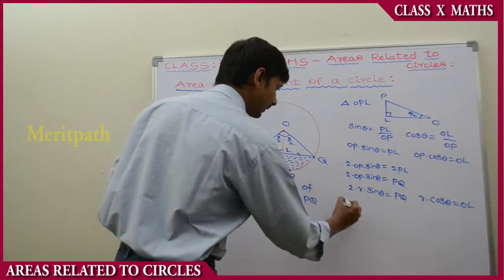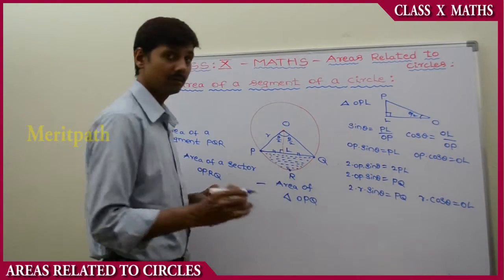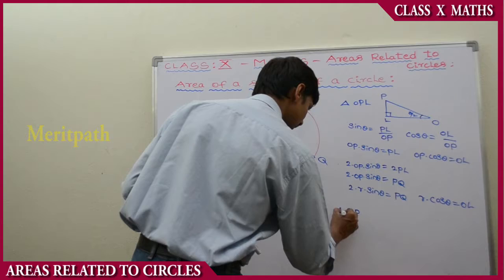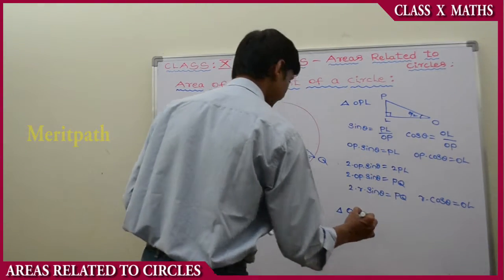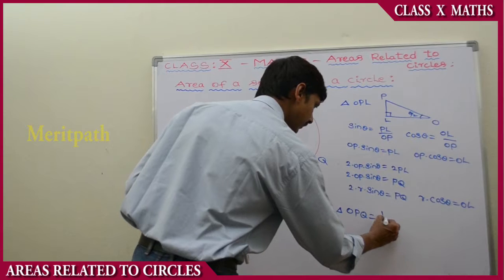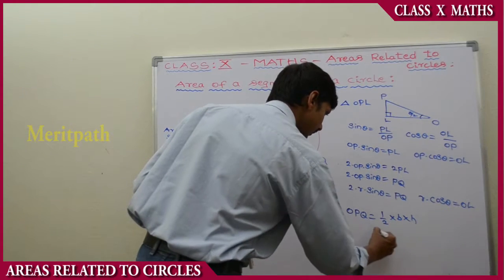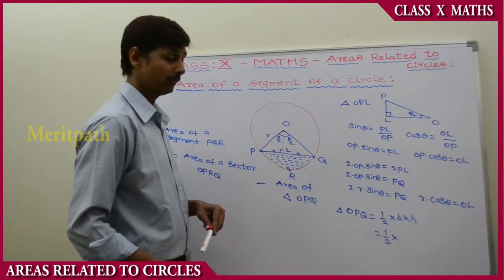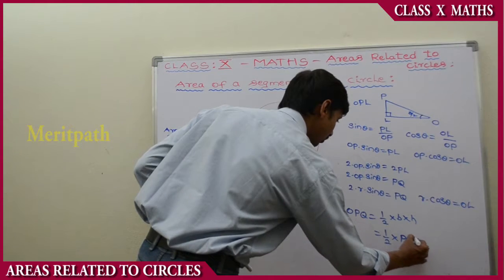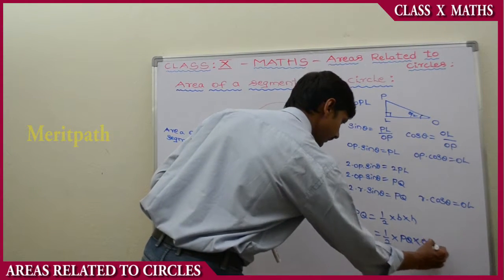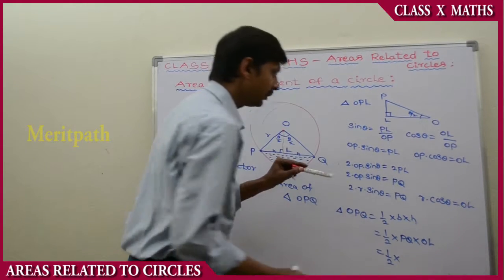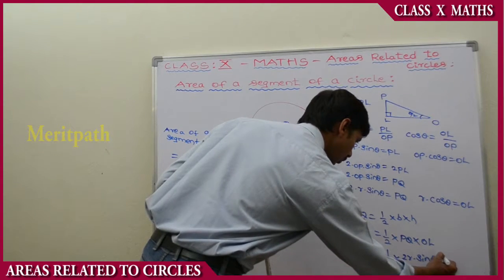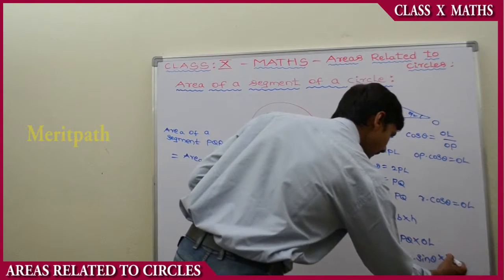Let's find the area of triangle OPQ. The area of triangle OPQ is half into base into height. So half into the base of OPQ, which is PQ, into the height, which is OL. So half into base PQ, which is 2R sin theta, and OL is R cos theta.